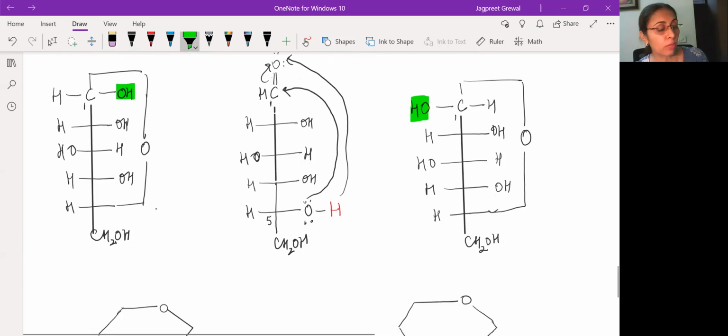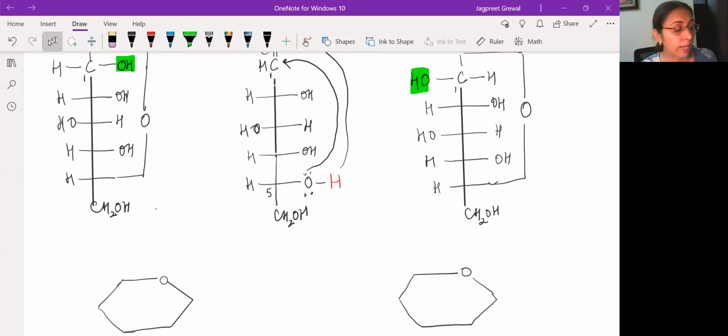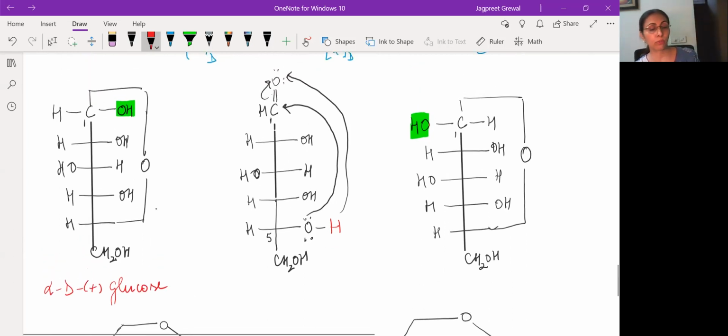So if we get OH on this side, on the right side, the resulting molecule is known as alpha D positive glucose. This is alpha D positive glucose if the new OH is present on the right hand side.